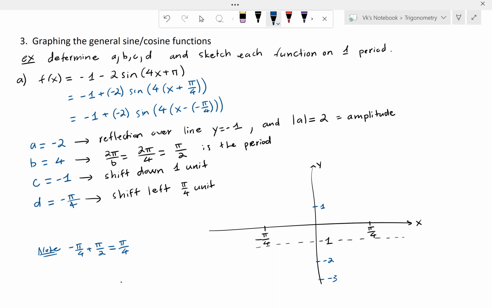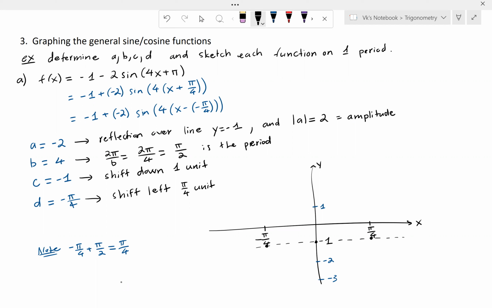Now this is the sine function, so we need 5 points to form the sine function, and because a is negative, we have a reflection over the line y = -1. So here come the points. The first point, second point, third point.